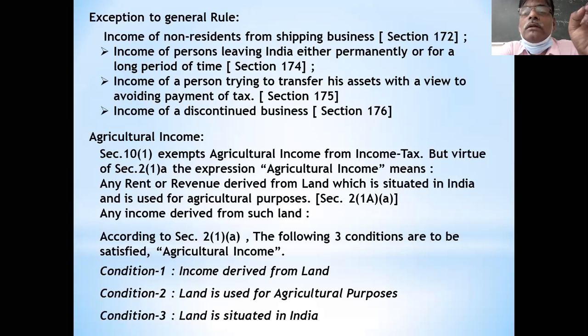In this case, the assessment year and previous year become the same, because if you follow the general rule, that person may or may not come in the next year to our country.